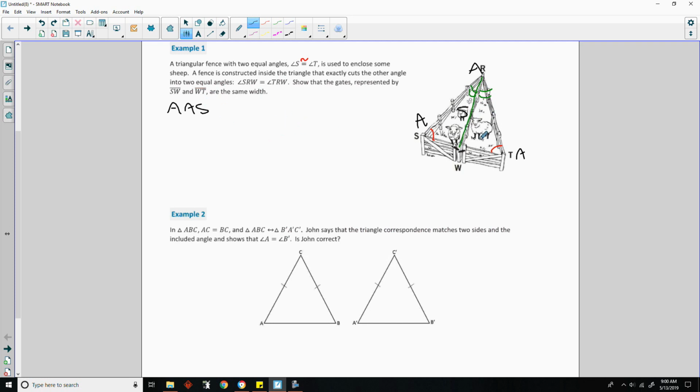So if the two triangles are congruent because of this, then everything is congruent. In other words, now that I know that the two triangles are congruent, I know that this angle and this angle are congruent. I know that this side and this side are congruent, and this is congruent to itself. So therefore, this side has to be congruent to this side. So since the two triangles are congruent, then SW is congruent to TW.